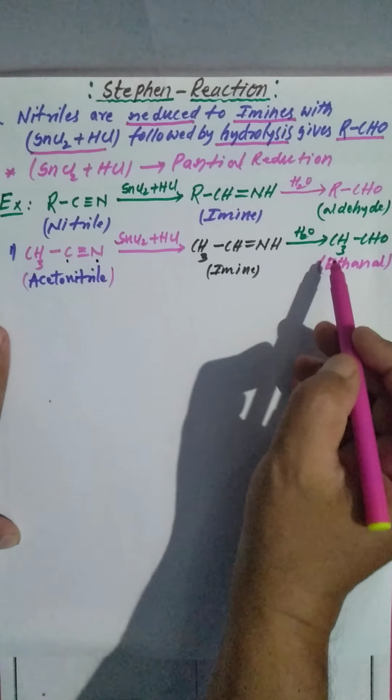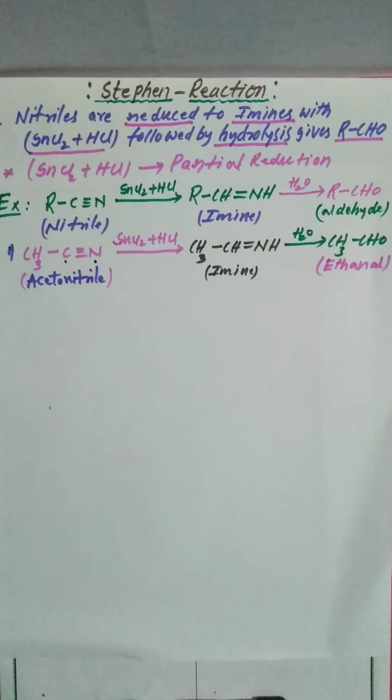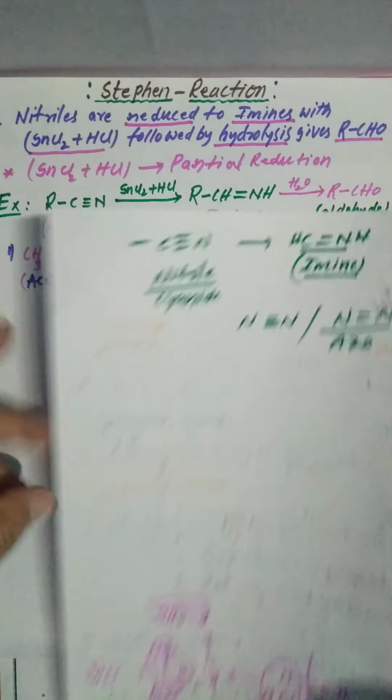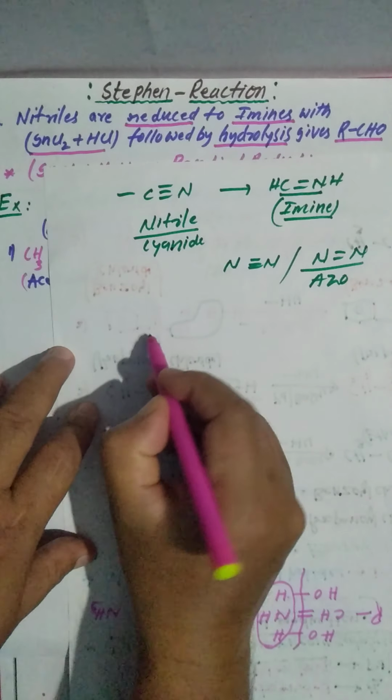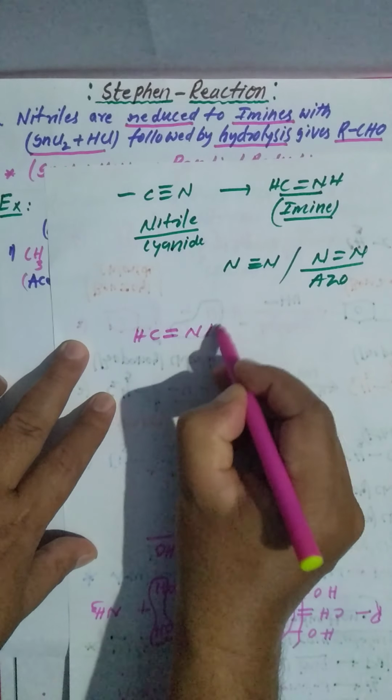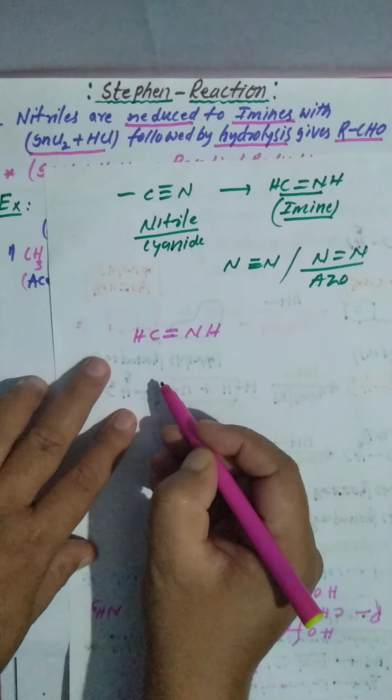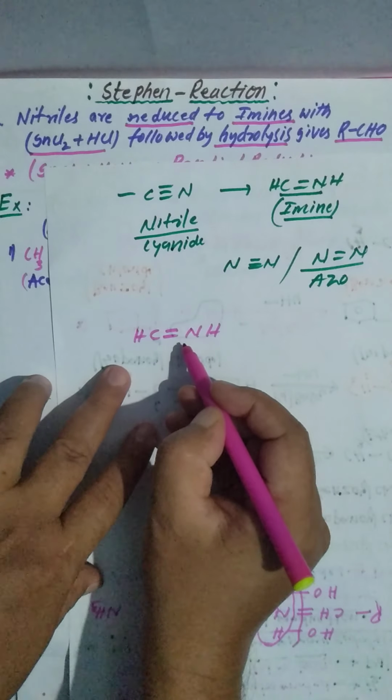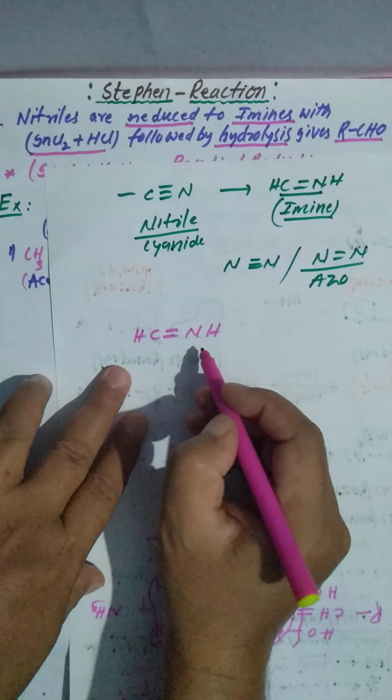How does imine get hydrolyzed? I will explain here how it takes place. Look here, CH double bond NH we have here, imine. We have to add water. Hydrolysis is nothing but water. How do we add water?